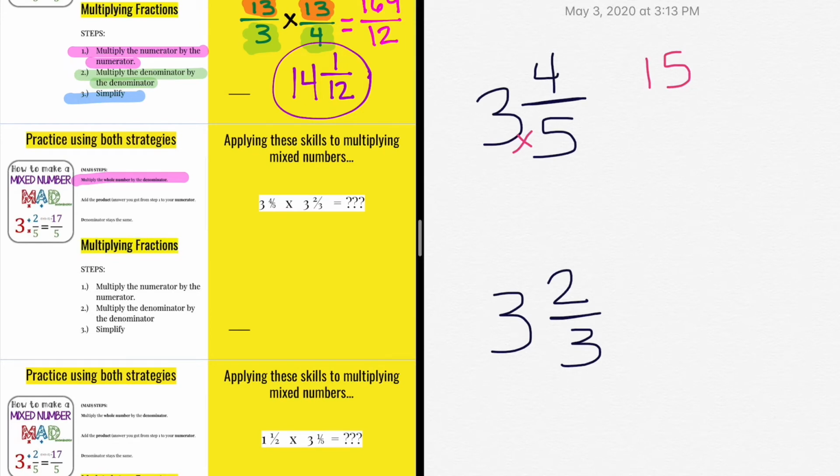Now what do I do? Did you say to add the product you got from answer 1 to your numerator? That's right. So I know I need to add 4 plus 15, and that gives me 19. What is my final step in the process?